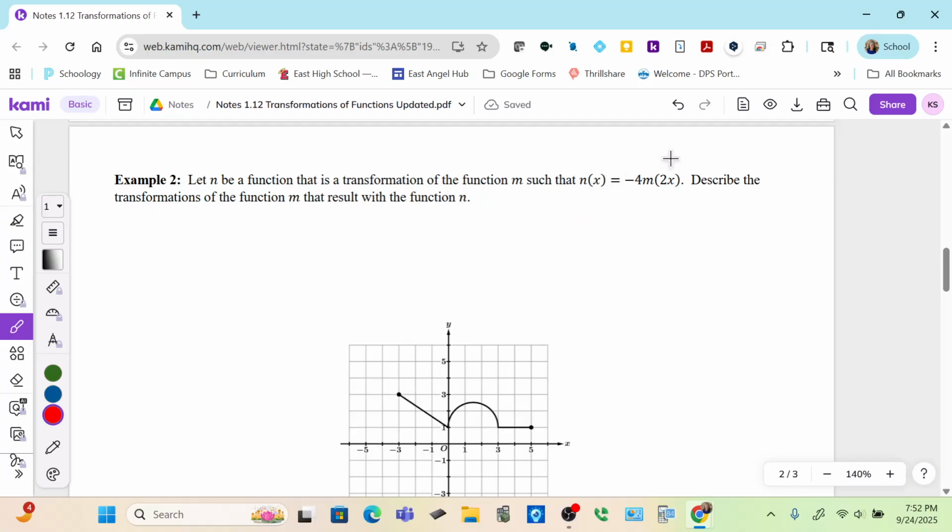So I'm going to start with my x, and I see that I'm going to have a horizontal dilation with a factor of 2.